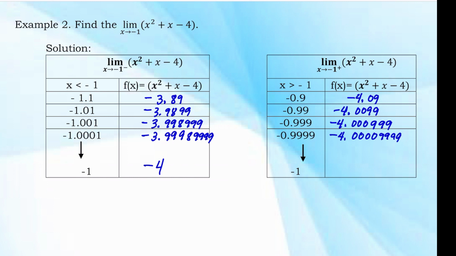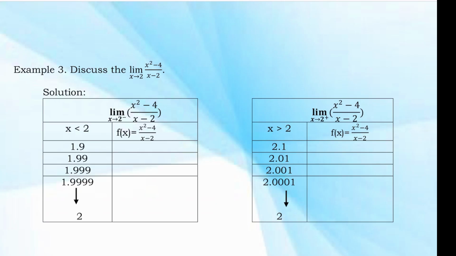So as we can see, as x approaches -1, the function approaches -4 also. In the theorem, if both are equal, the limit of x squared plus x minus 4, where x approaches -1, is equal to -4.